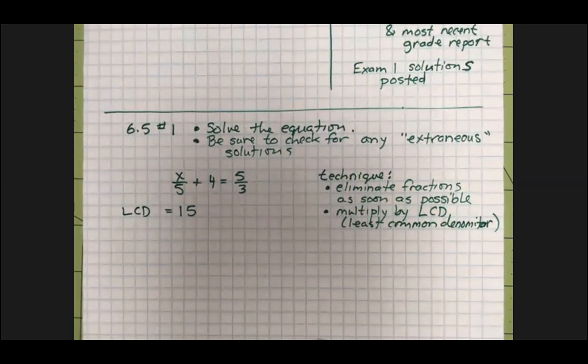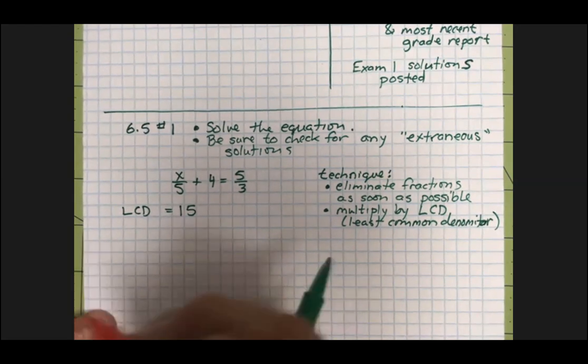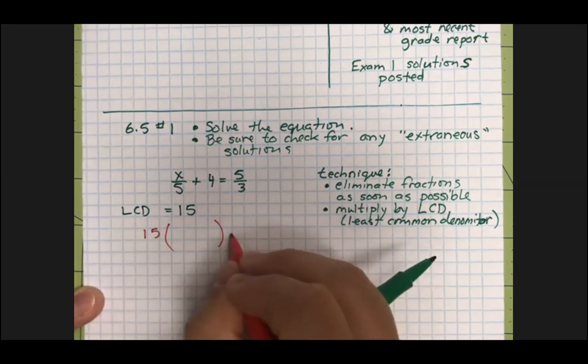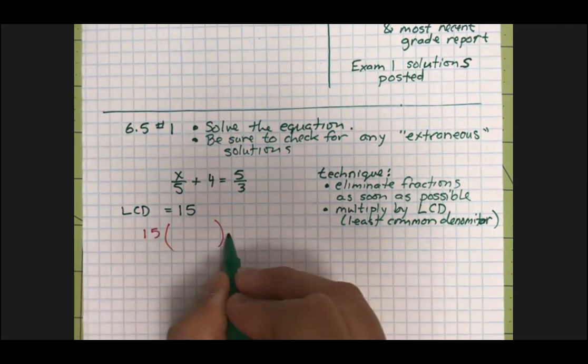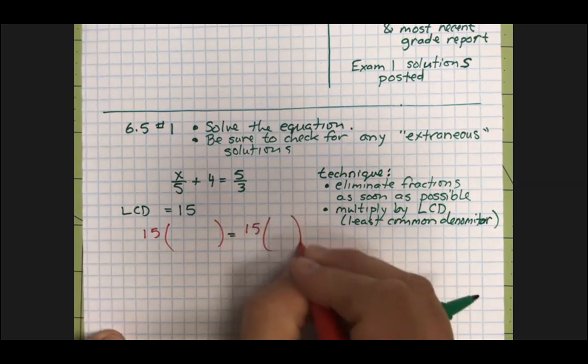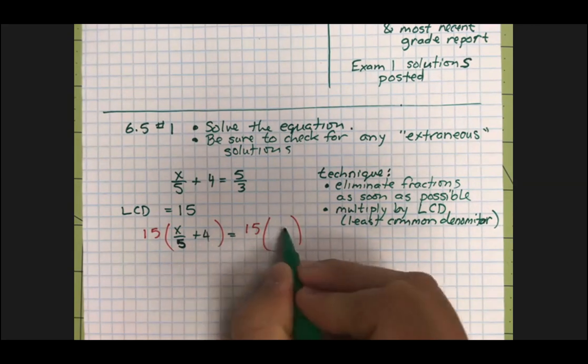It's just literally 3 times 5. So I will physically multiply everybody by 15. That's the x plus 5, x over 5 plus 4 and the 5 over 3.